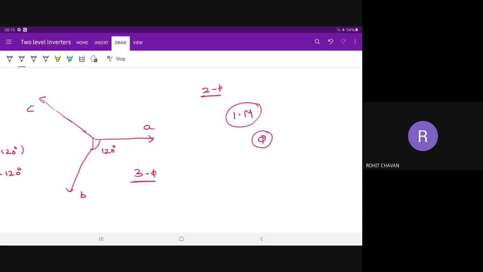You remember the formula for the air gap flux in the induction motor? That is 3/2 phi maximum cos omega t, right? You remember this?